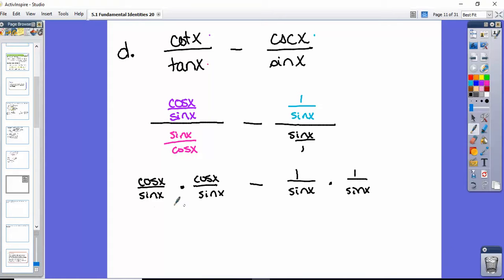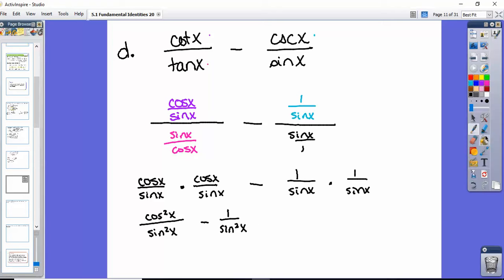Then to simplify, to multiply fractions, you multiply the tops and multiply the bottoms. So we have cosine squared x over sine squared x minus, if I multiply those, I have 1 over sine squared x.